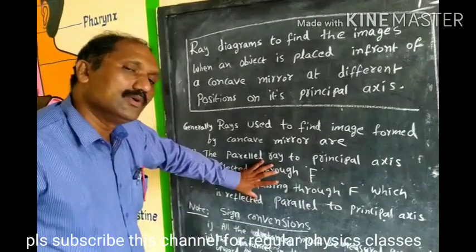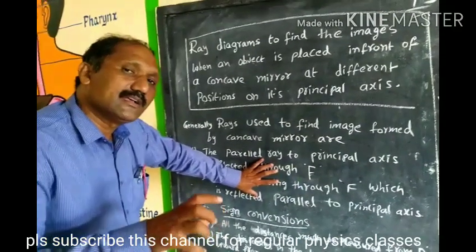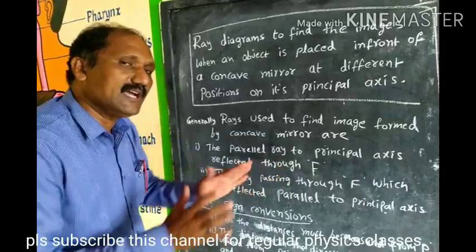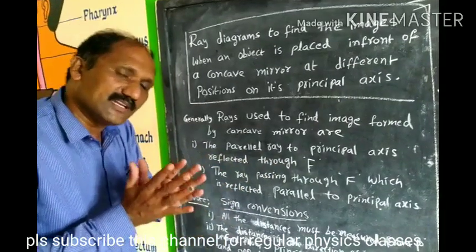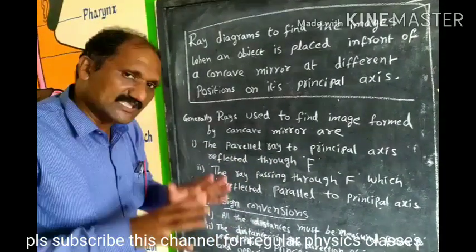These two give the image when the object is placed in front of a concave mirror on its principal axis.